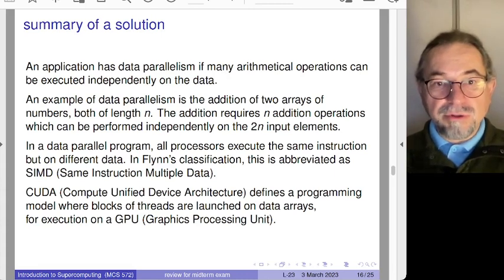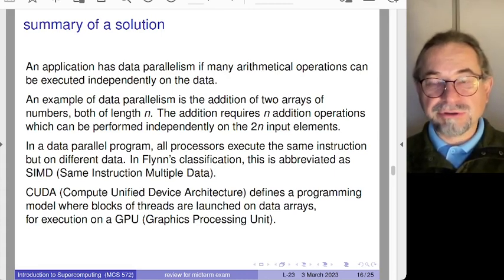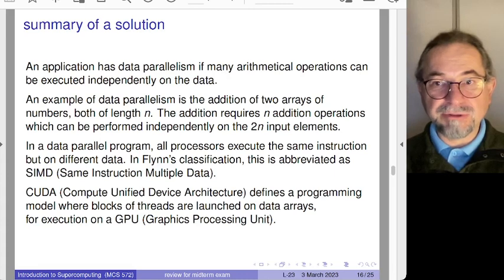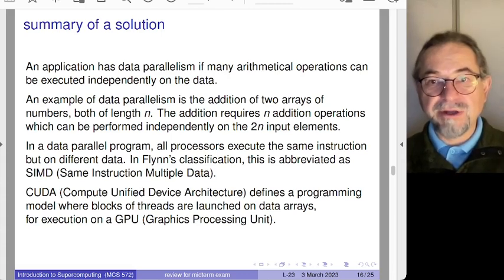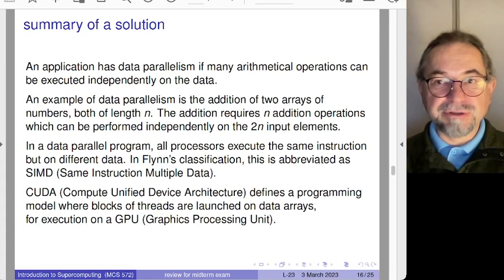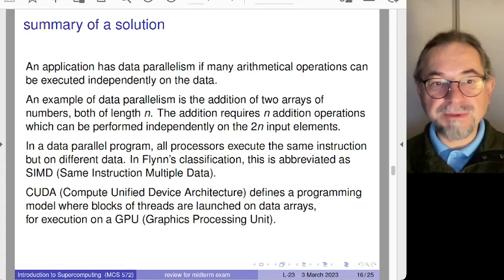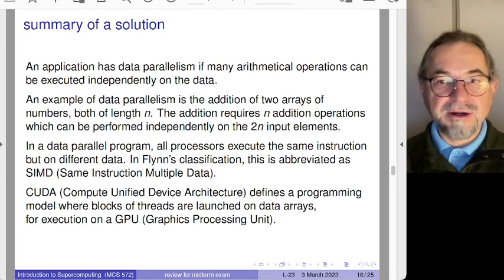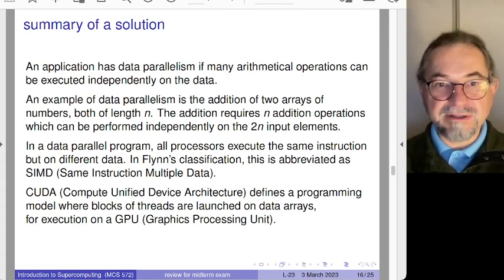So in this model, blocks of threads are launched on data. So it's a scalable model. If you have two streaming processors, if you have four, if you have eight, you can adjust the distribution of the blocks of threads very nicely. And the key device architecture here is the graphics processing unit.